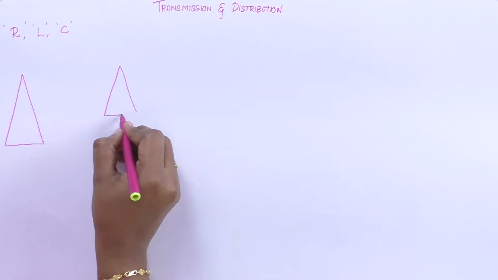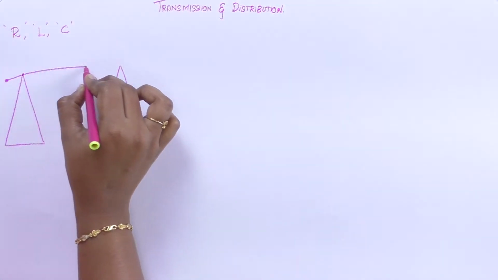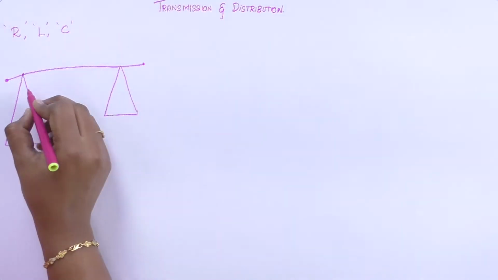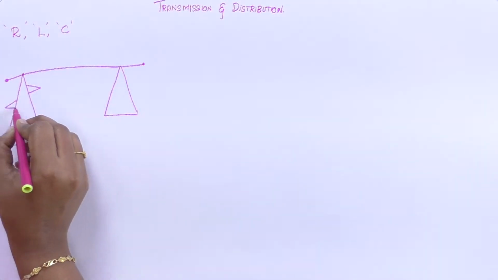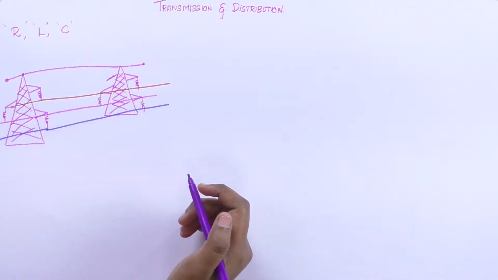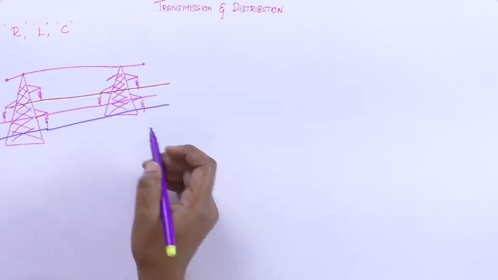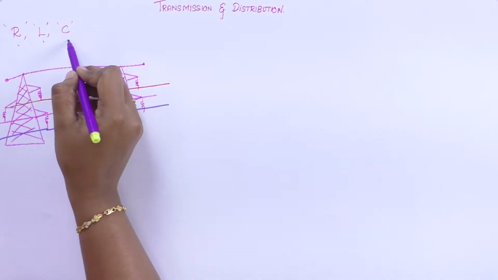This is the supporting tower where the transmission line is placed. For a three-phase circuit, the important line parameters are R, L and C.